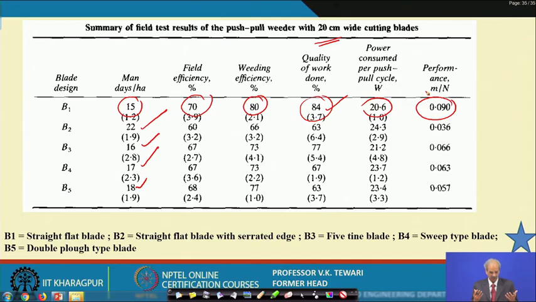It is also published, as I said, and I think we are in a position to give you the mechanical weeding as such.